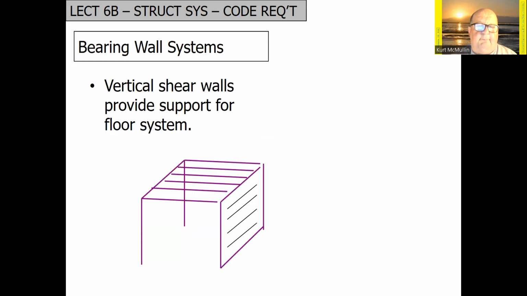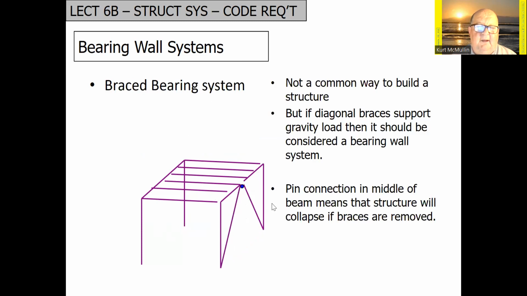So for example, in a bearing wall system, if I have a shear wall on the side of the building, these beams are sitting on that shear wall. If that shear wall is removed, I've lost the support of those beams. Braced frames usually are not designed with the idea that the braces are resisting a significant amount of gravity load.